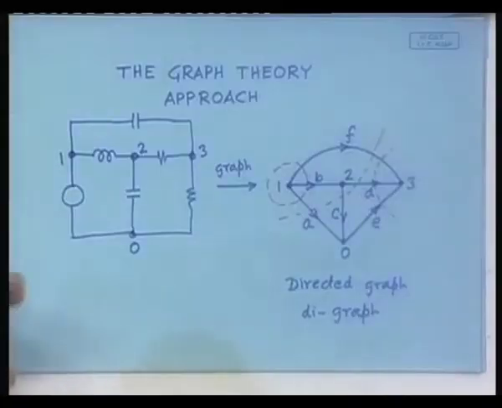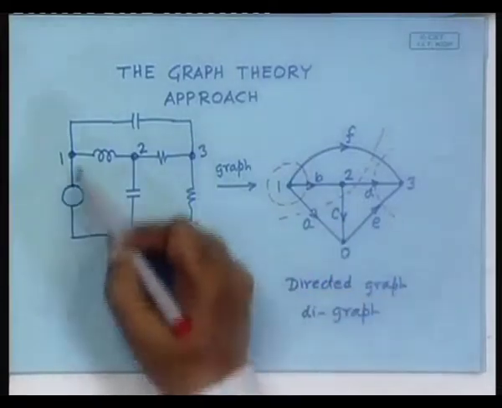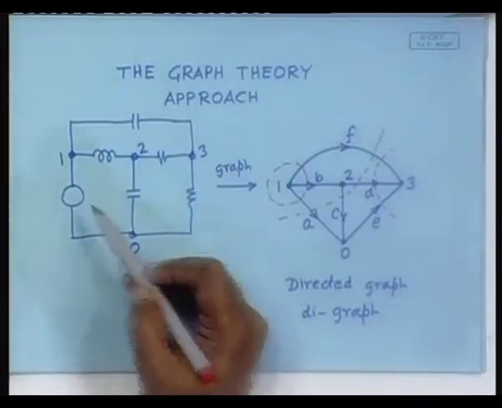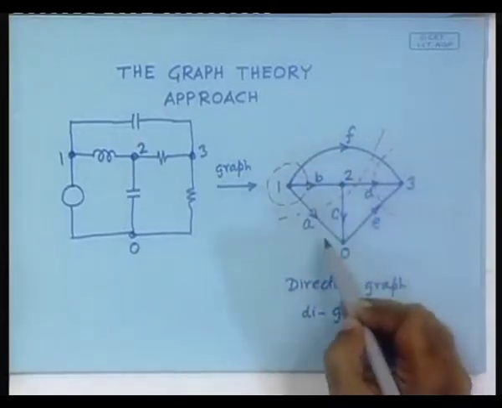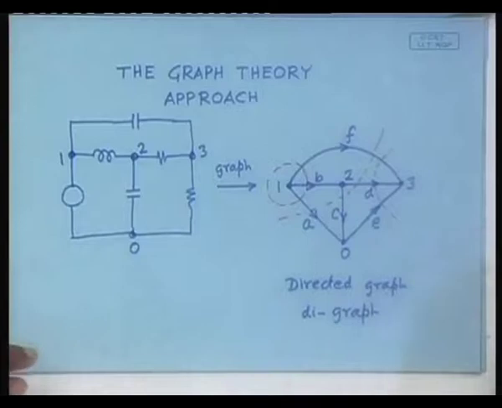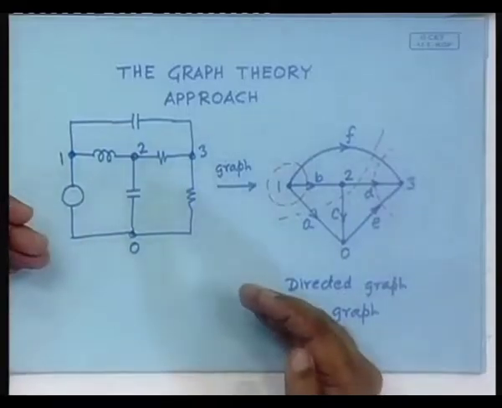The other concept is loop, which is the same as what you have already learnt regarding the loops of this circuit. So, you can easily identify there are loops like this, right. Now, on the basis of this concept, we will redefine the Kirchhoff's laws. What does the Kirchhoff's current law say?